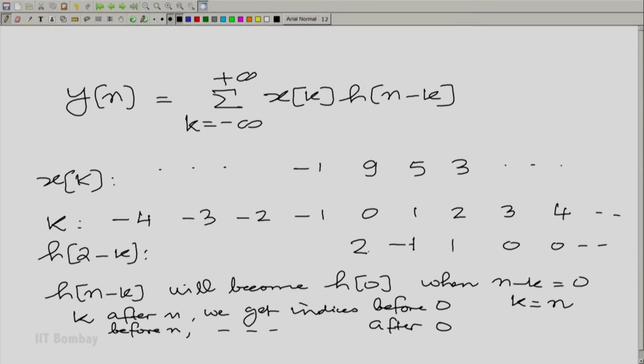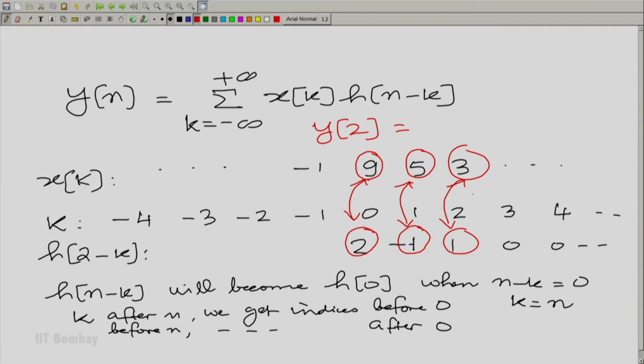This is how it is. And now we can calculate y of 2 based on this. We essentially need to look at the products of corresponding points. This point with this point. Similarly, this with this and this with this. That is 9 into 2, 18, plus 5 into -1, -5, plus 3 into 1, that is 3. So, 13 plus 3, which is 16.